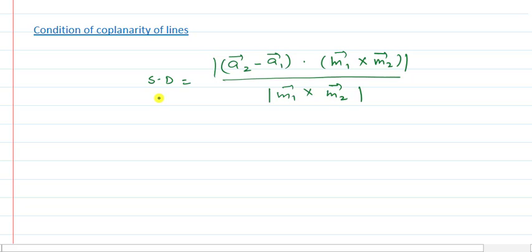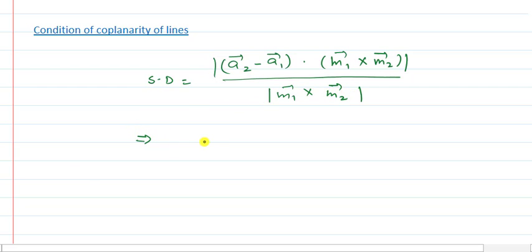That these lines are coplanar, and the lines will intersect only when their shortest distance becomes 0. So, the condition to find out whether the lines are coplanar or not is that if the shortest distance is 0, then we can say that lines are coplanar.